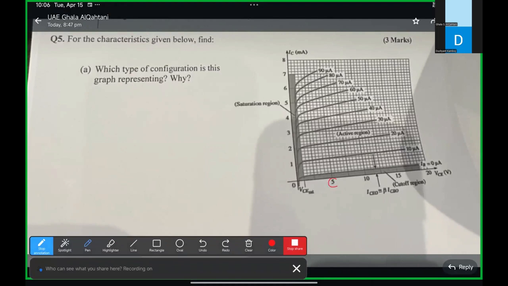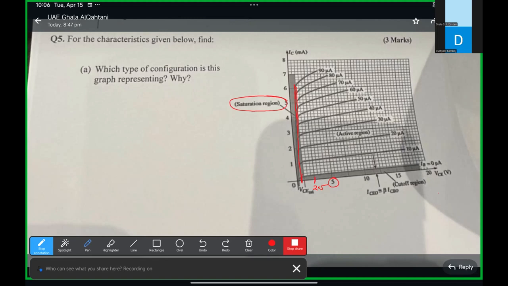That is 0.5, that is 2.5 here. So 0.25 must lie here or not? So that will be 6 here. So it will lie in which region? I already told you there are 3 regions. So this region is the saturation region. Understood?